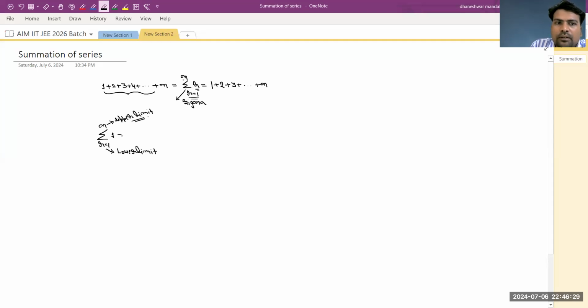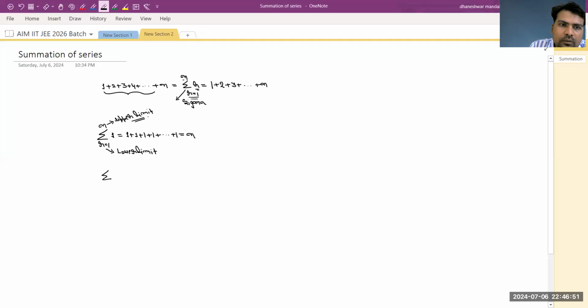If we have 1 here and r varies from 1 to n, then we have to add 1 up to n times. If I add 1 n times, then we get n.